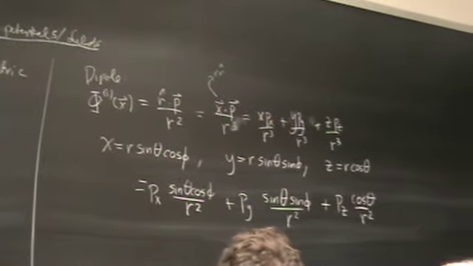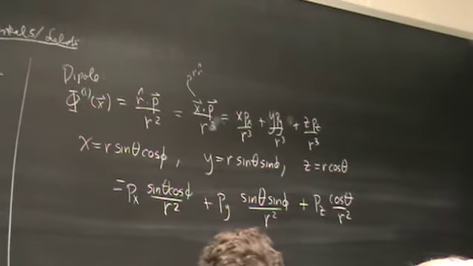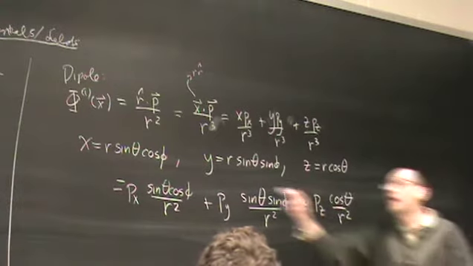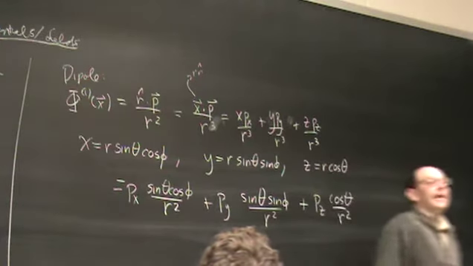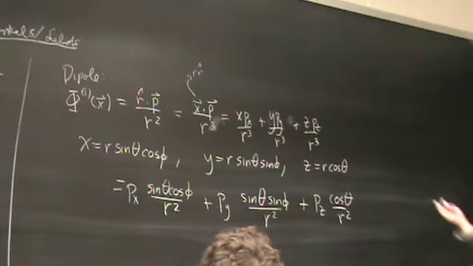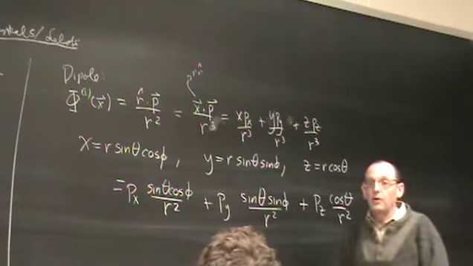Okay? So the equipotential surfaces are not spherically symmetric. They depend generally on the angles theta and phi in ways that depend on the different components.